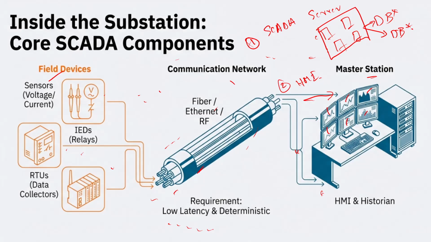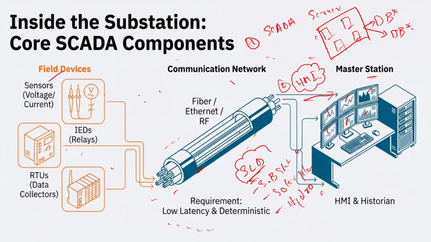Within this HMI we are able to see the single line diagram, also called the SLD, of the complete substation, or a solar plant, or any hydro plant. So we get the single line diagram within this system.